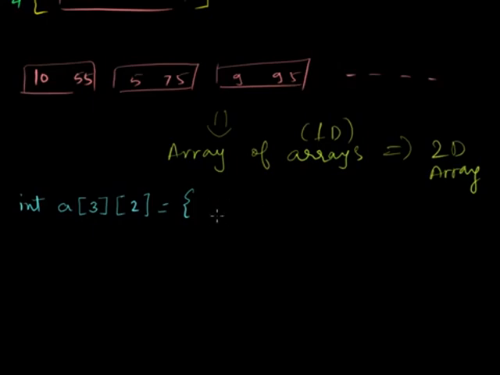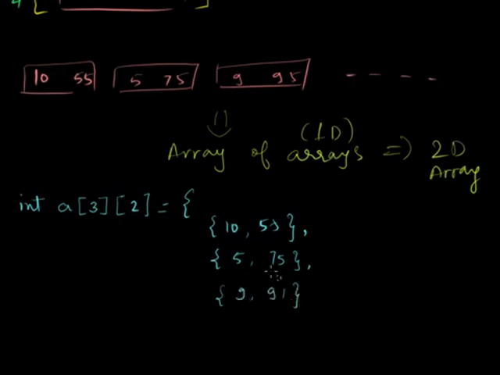So let's declare each of the rows. The first row is 10, 55, then a comma, that is the next array now, 10 55, 5 7 5, the next array now, which is 9 9 1.